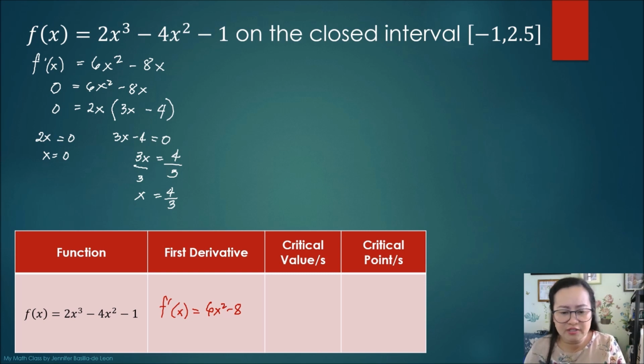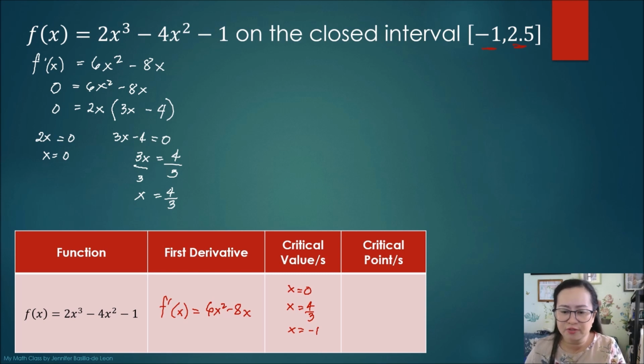So we fill in the needed data in the table. The first derivative of the function is 6x squared minus 8x, and then the critical values are x equals 0 and then 4/3. Now, since we are considering the function on the closed interval from negative 1 to 2.5, we consider the endpoints as critical values also.